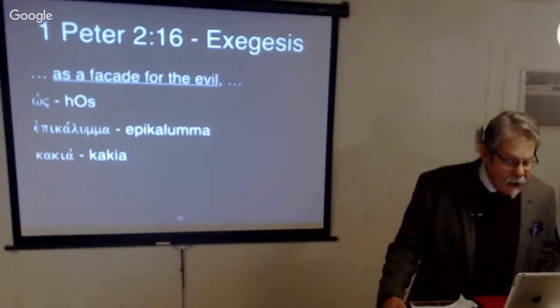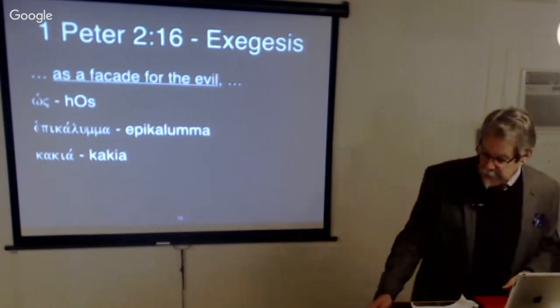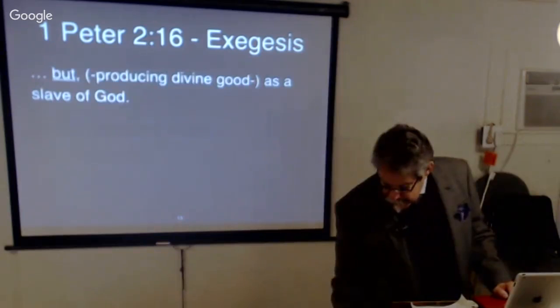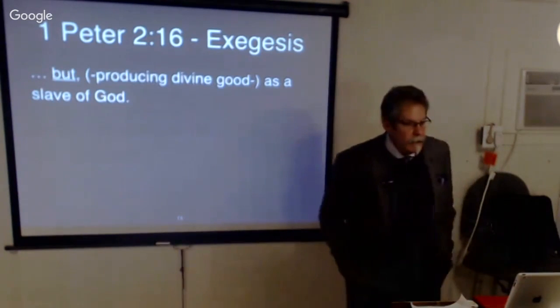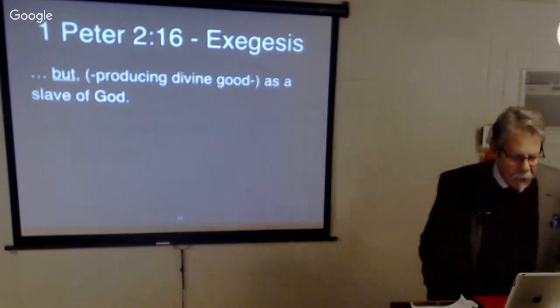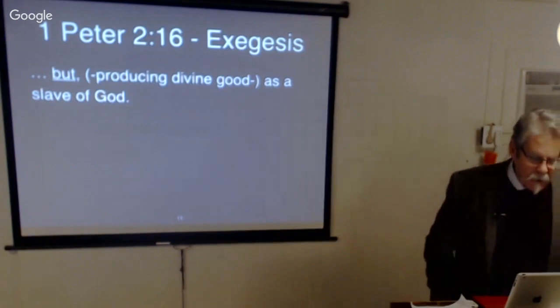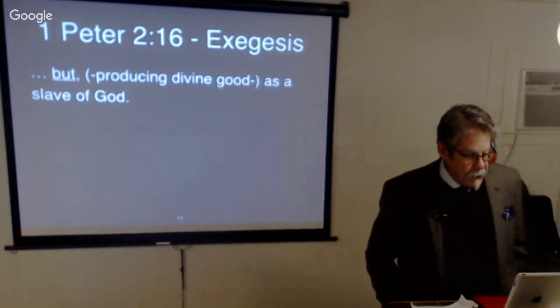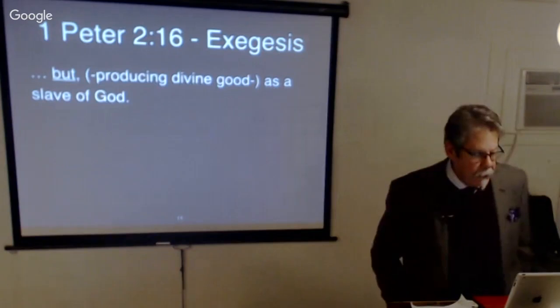The whole phrase is underlined due to the emphasis given in the structure. We have hyperbaton. Then we finish the verse and sentence with the last phrase: but, underline, comma. Then we bring in the same ellipsis we had before, producing divine good. So that's in parens with a single line through it: but producing divine good as a slave of God, period.